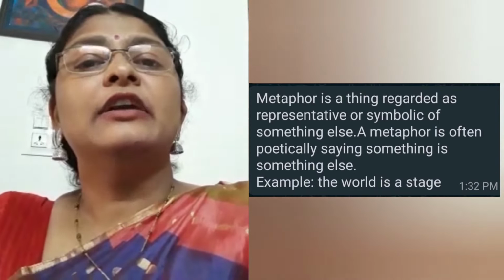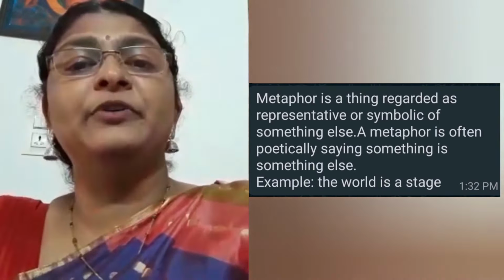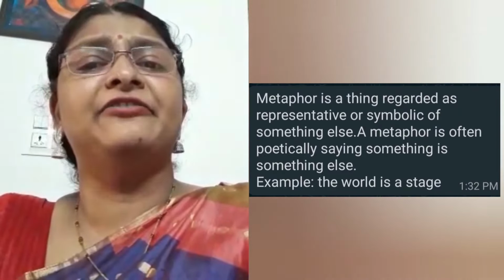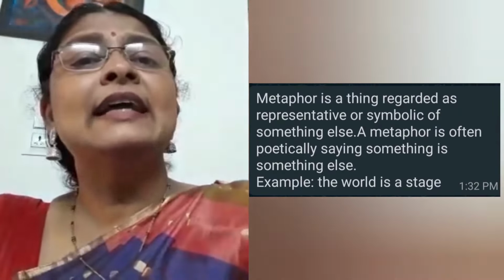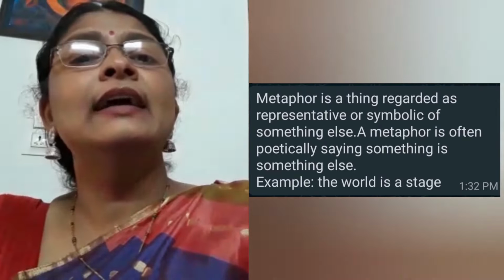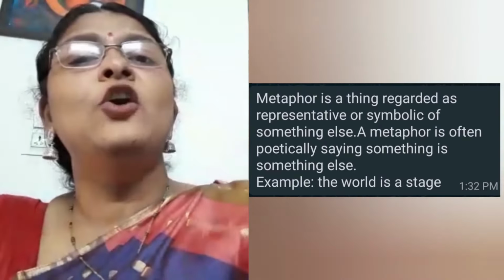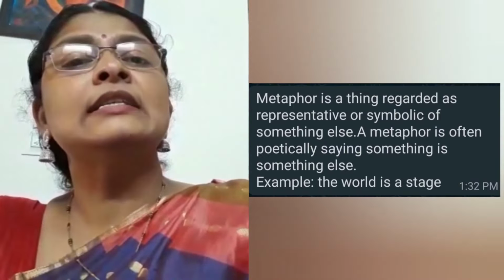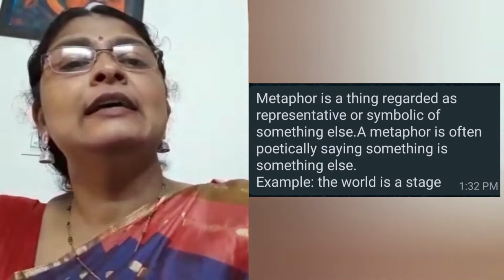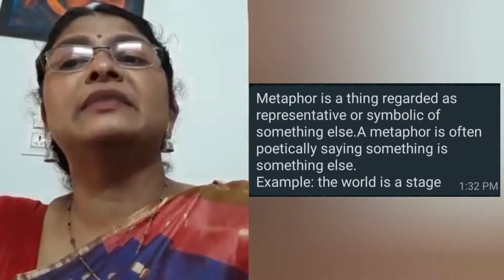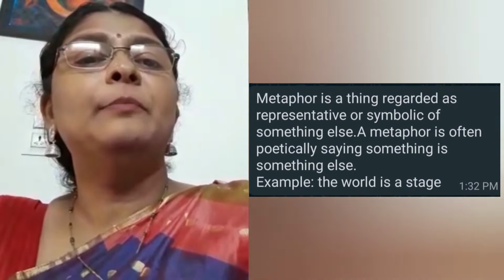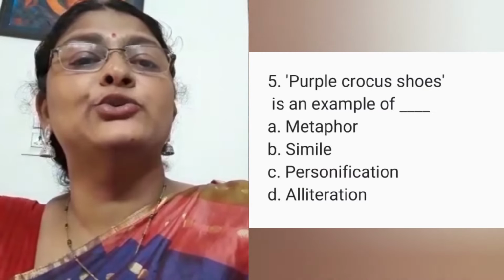Alright, so to put it in proper words, how will we define metaphor? It is a thing regarded as representative or symbolic of something else. It is poetically saying something is something else. Is it clear to you now? So, "purple crocus shoes".